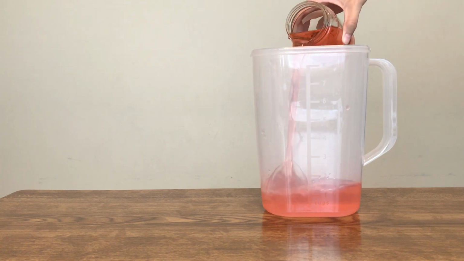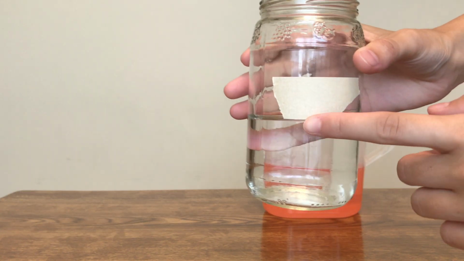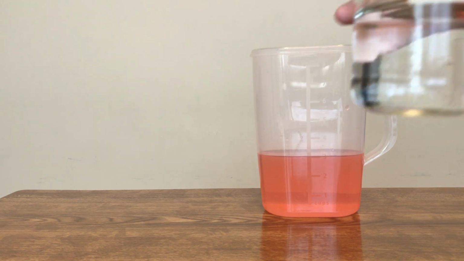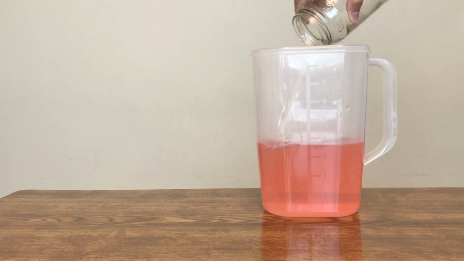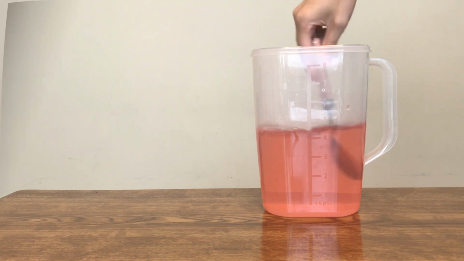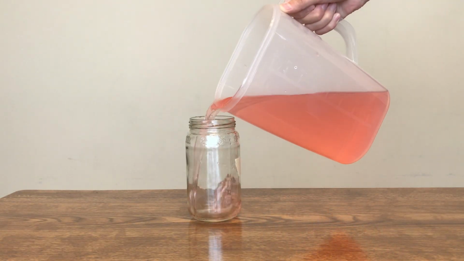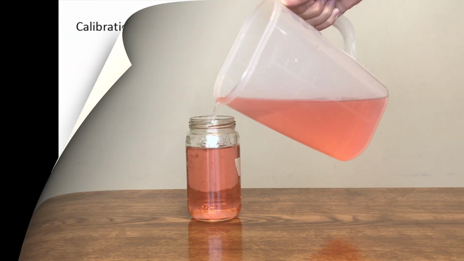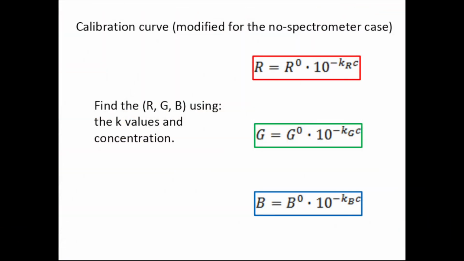Dump the solution back into the pitcher. Dilute with 3 cups of clean water and mix. This solution has concentration 1 drop in 6 cups, or 0.167. Predict the RGB vector for this solution using these equations.